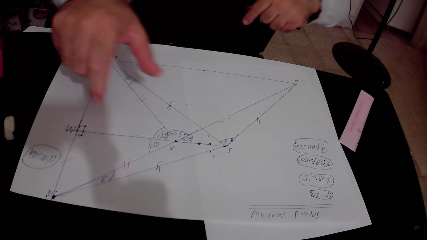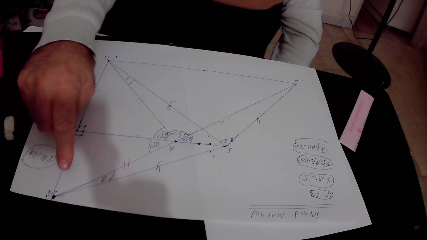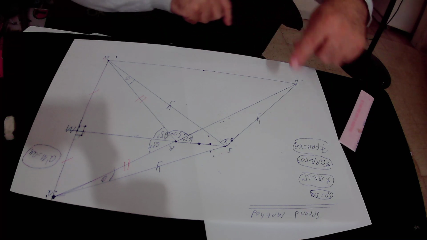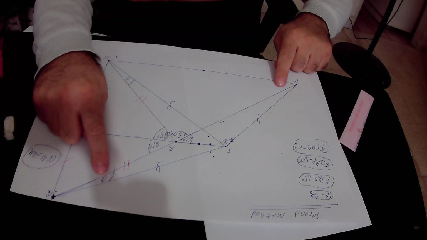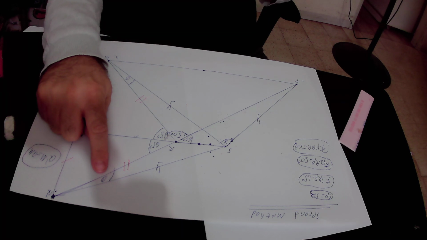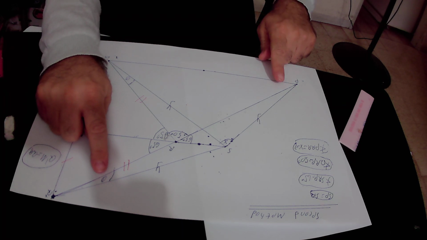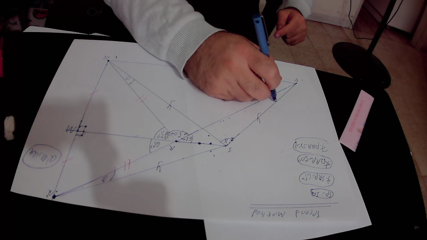So here in front of this side SQ dash we have this angle, and in front of this side SP we have this angle. Those two angles are equal to each other according to that rule. We know that this angle equals theta, so this angle must also equal theta because they are equal to each other.